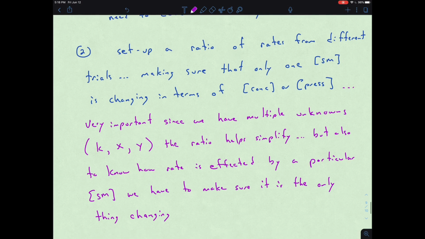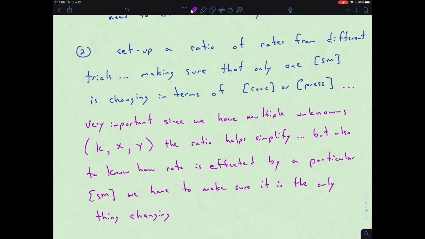Right? If scientists are doing an experiment and I change multiple things going from one experiment to the other, I can't say whether what I changed had an impact on the reaction because I changed multiple items. To be a scientist, we want to change really only one thing at a time.